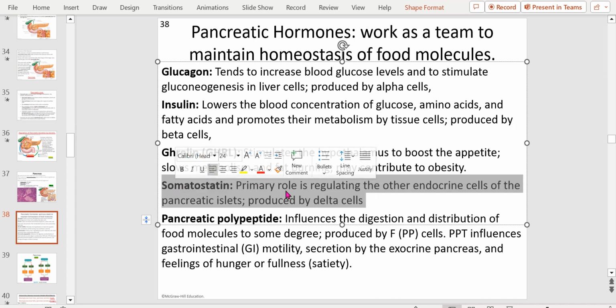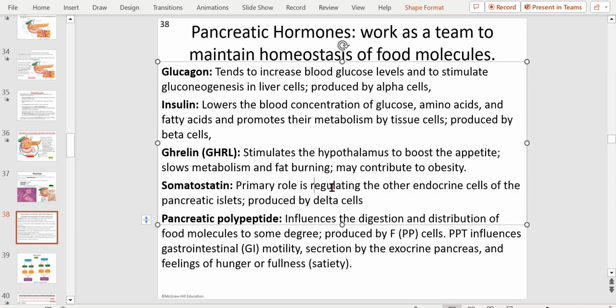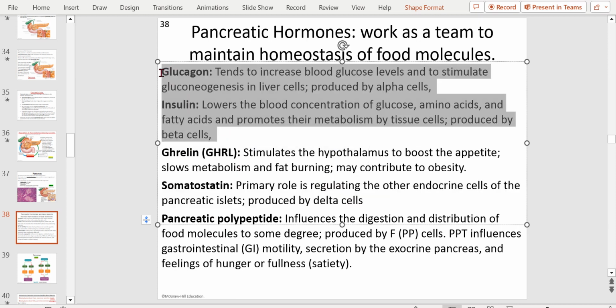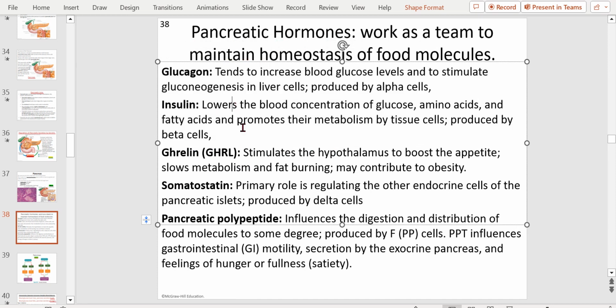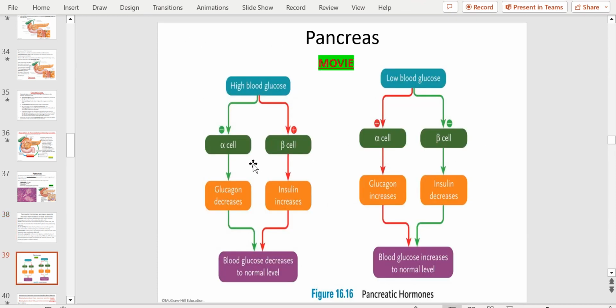This one takes care of all the other cells, so it is a very important one for sure. Pancreatic polypeptide influences the digestion and distribution of food molecules to some degree. I'm not so worried about this one, but that one for sure, and these two 100%.